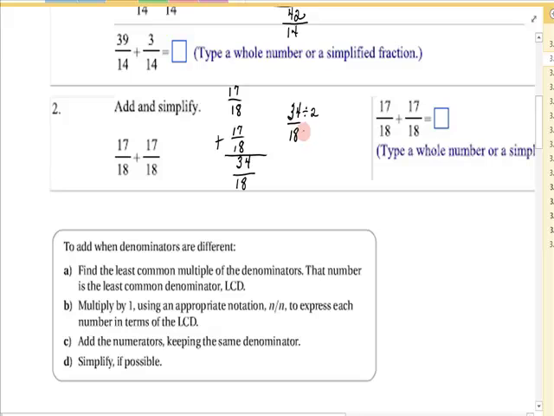So if I divide the top by 2 and the bottom by 2, 2 goes into 34 17 times, 2 goes into 18 9 times, and I cannot reduce anymore. Leaving it improper is fine, and I will have 17/9. So if I already have a common denominator, I simply add the tops, but then I am always tasked with the job of reducing if I can, or simplifying is what your book calls it.